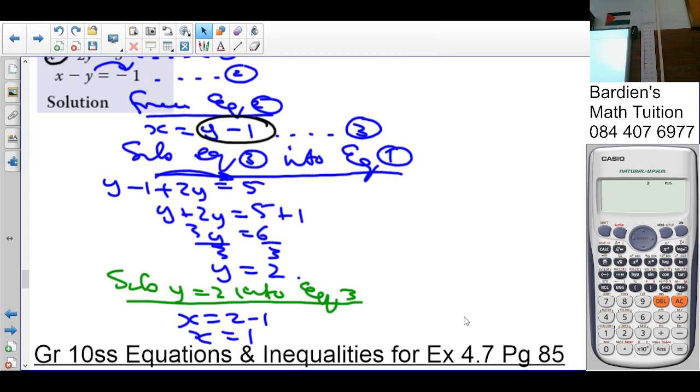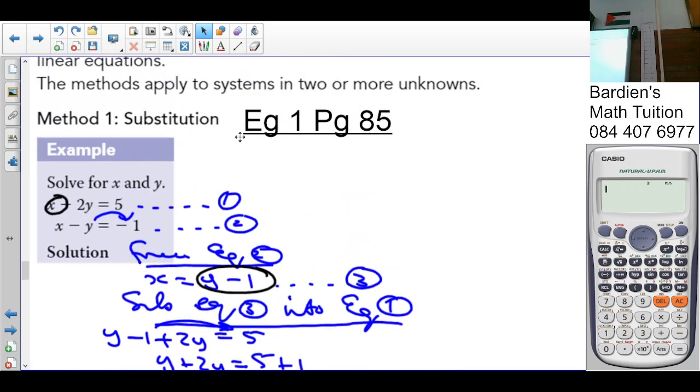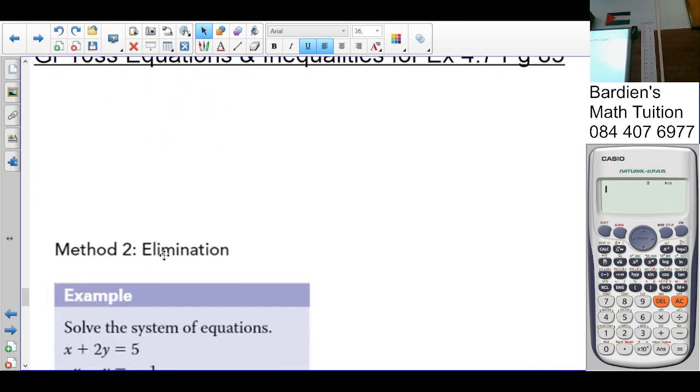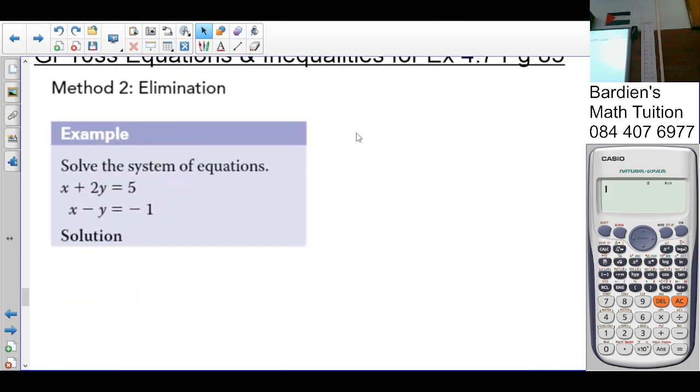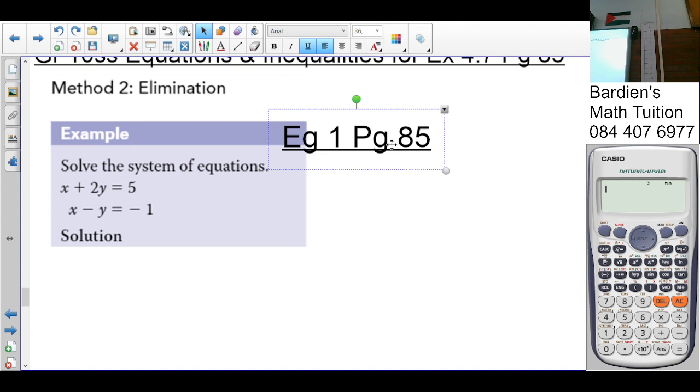Okay. Any confusion? Okay. So now we're going to look at the elimination method. Okay, wait. The exercise 4.7 deals only with the substitution method.